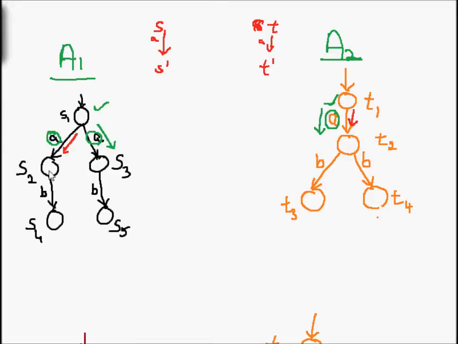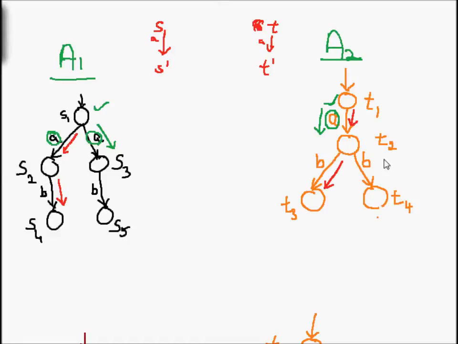Now let me come to the second level, this level. Again, let me consider S2 makes a B transition to S4. T2 makes a B transition to T3. Okay, done. Can I tell S2 and T2 are equivalent?